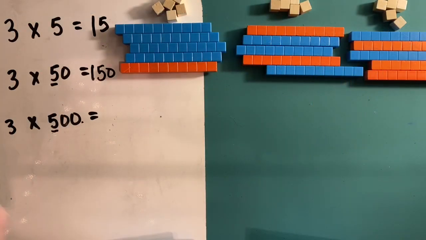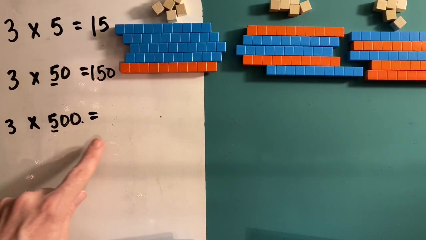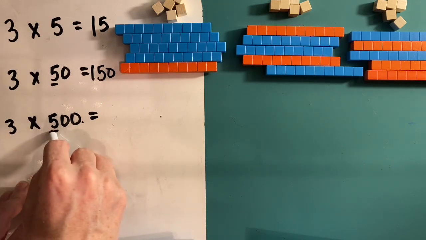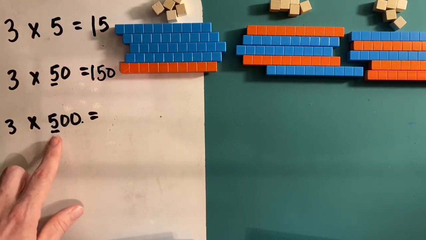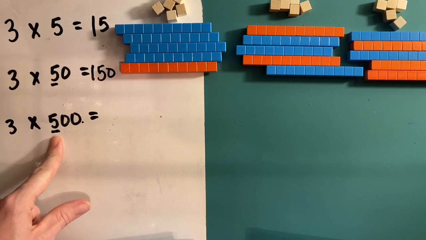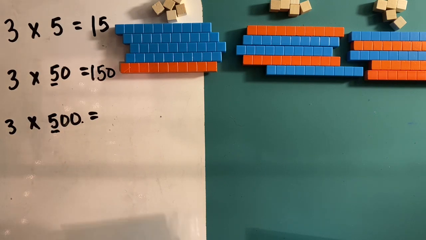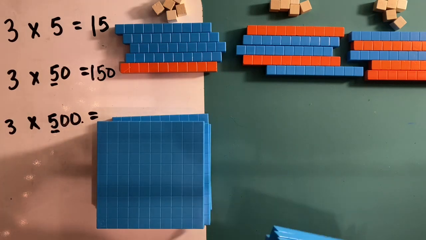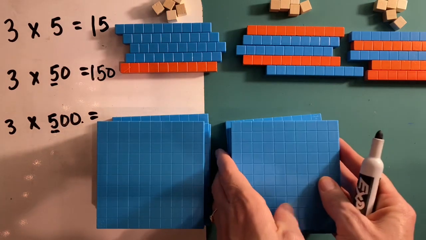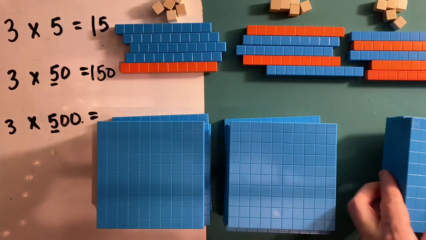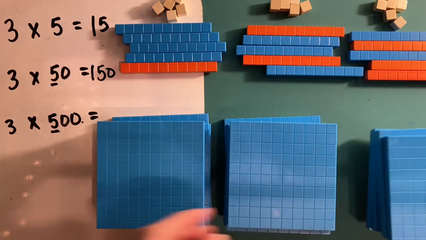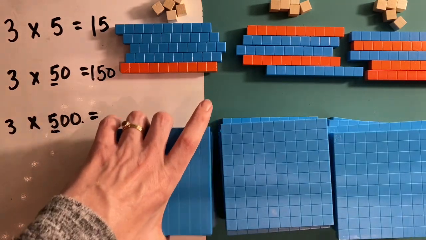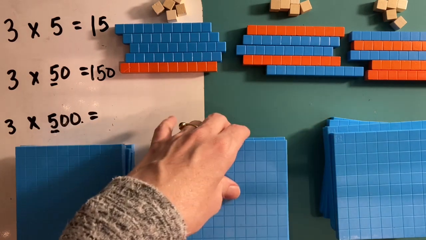Okay, so I'm still thinking about that pattern. And now I see 3 times 500, which is essentially 3 times 5 groups of 100. So I have 5 groups of 100, 3 of those. I'm going to move so I have space.